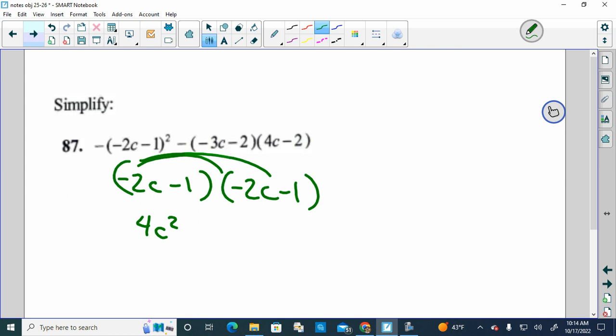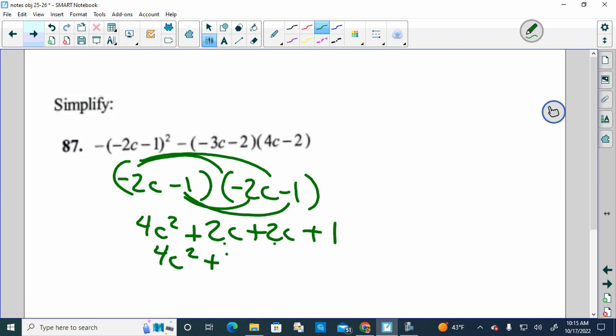Then that one's going to be another positive 2c. This would be another positive 2c, and then negative times negative is positive 1. Combine our two middle terms. So now I have 4c squared plus 4c plus 1. That was just taking care of that part.